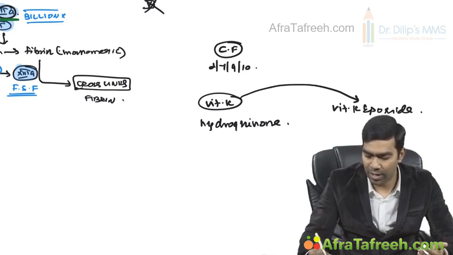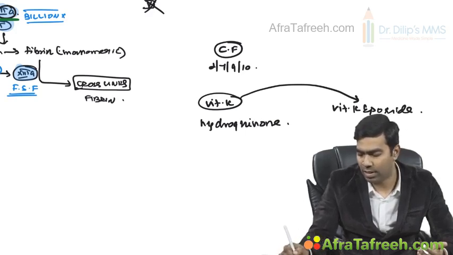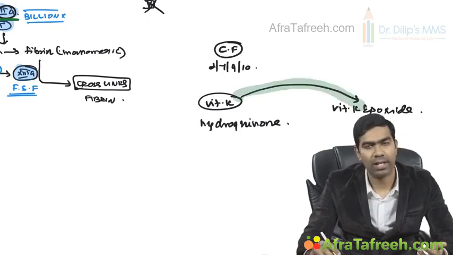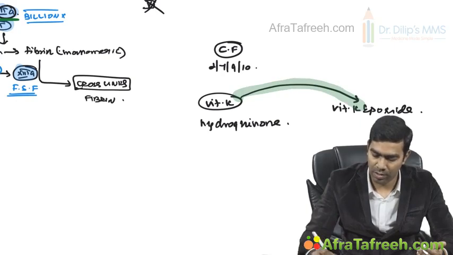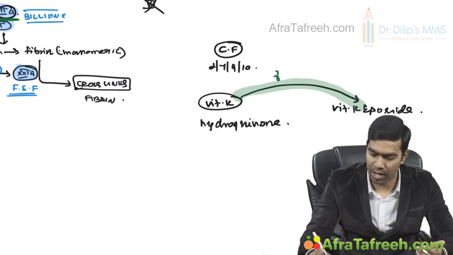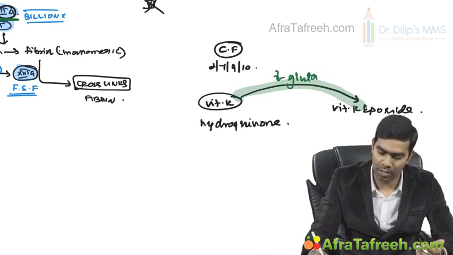Let us put it this way: the conversion from vitamin K hydroquinone to epoxide is really important because this conversion is mediated by an enzyme called gamma glutamyl carboxylase.